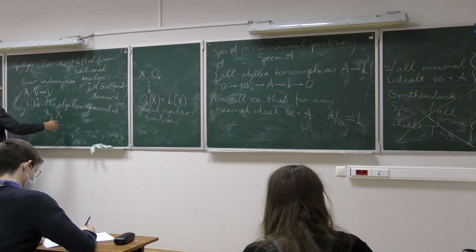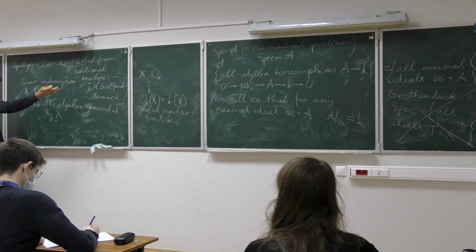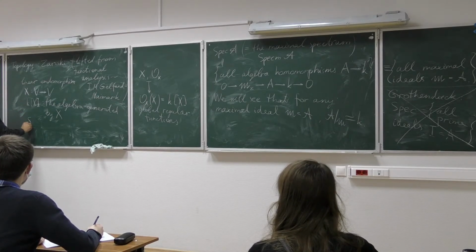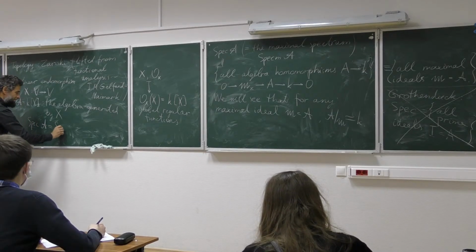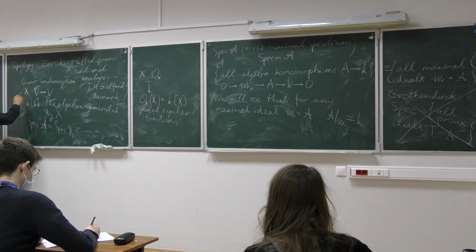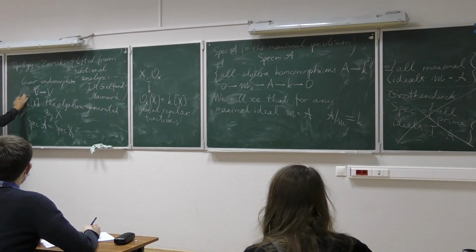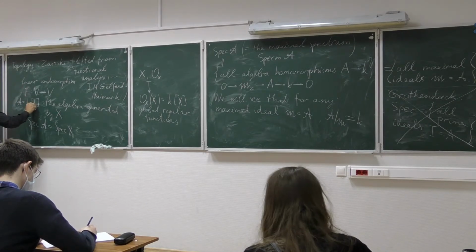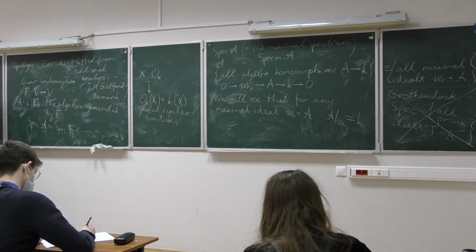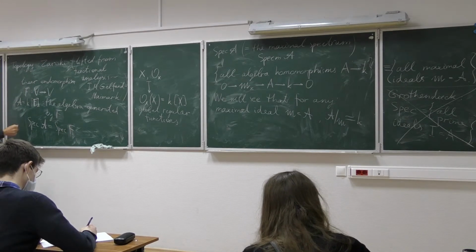But anyway, the spectrum of this algebra in that sense coincides with the spectrum of this operator in the usual linear algebraic sense. So, spec A is just the same as spec of the operator. Maybe I shouldn't call it X because X was our variety. Something else, like F. Okay. So the Zariski topology.